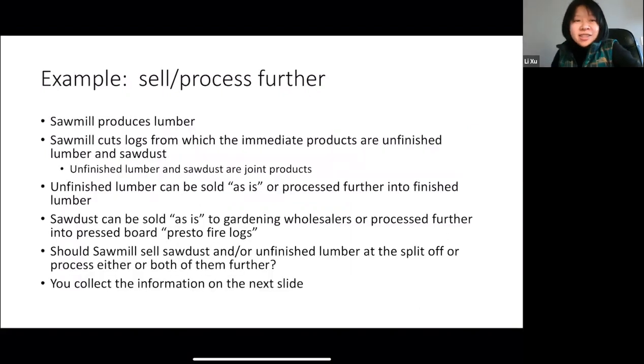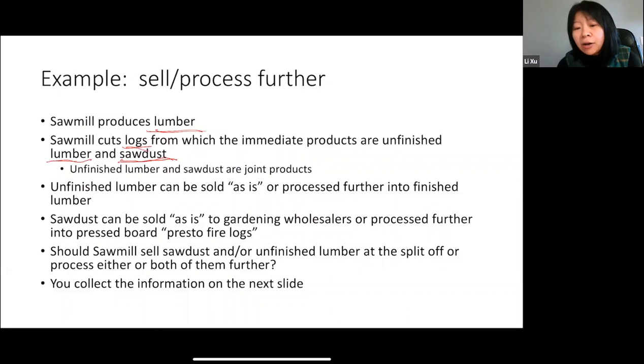Let's take a look at an example. So this company produces lumber. They cut the log and produce lumber, and also sawdust.